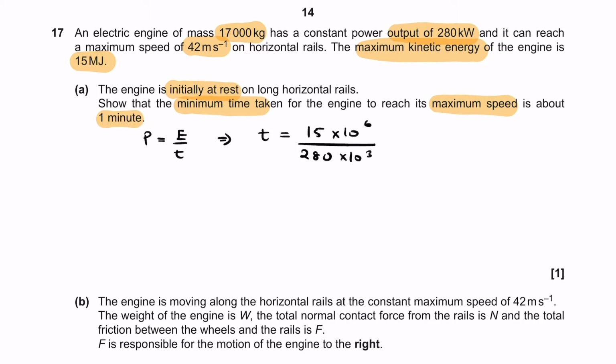Once you pop that in the calculator, you will end up getting a value of 53.6 seconds, or 54 seconds if I round this. And this is very close to a minute, basically 0.9 of a minute, or nine tenths of a minute. So that is close enough to what we want.